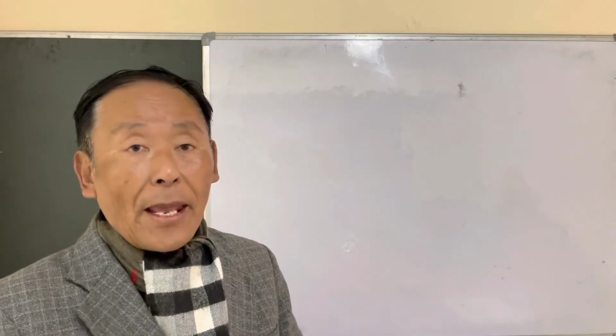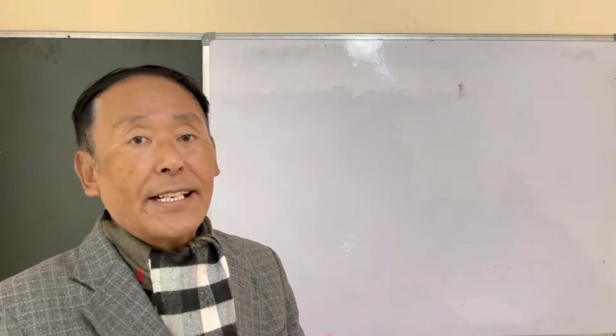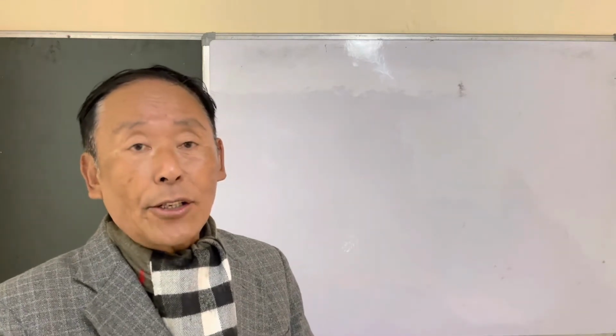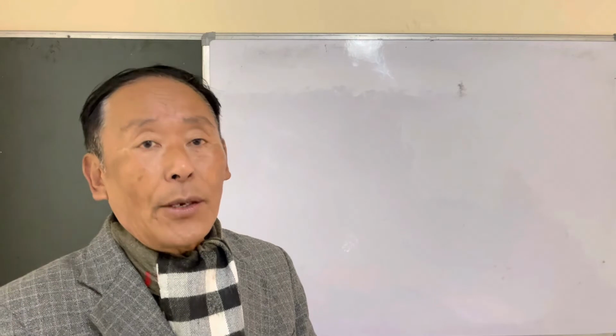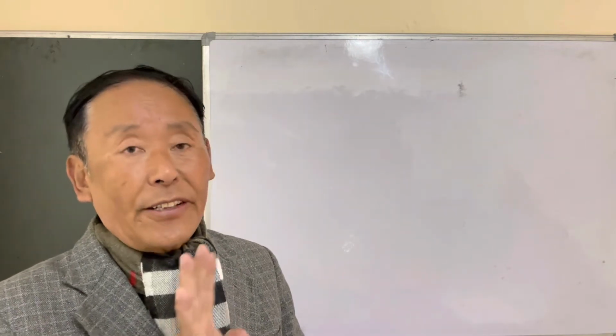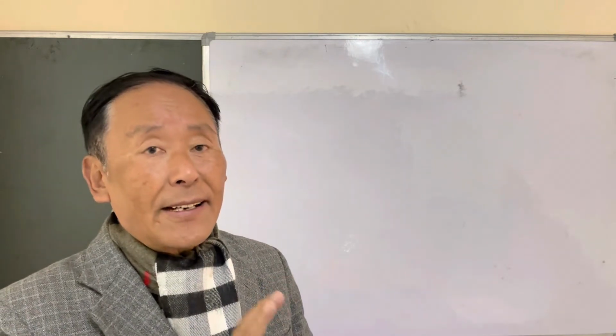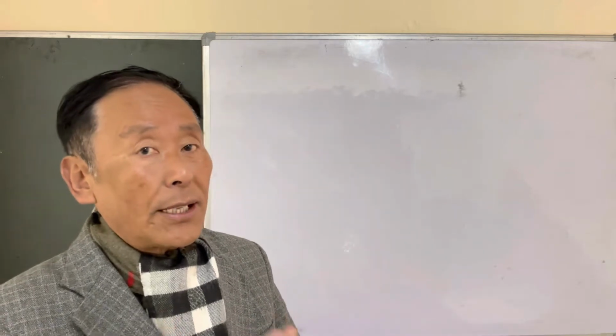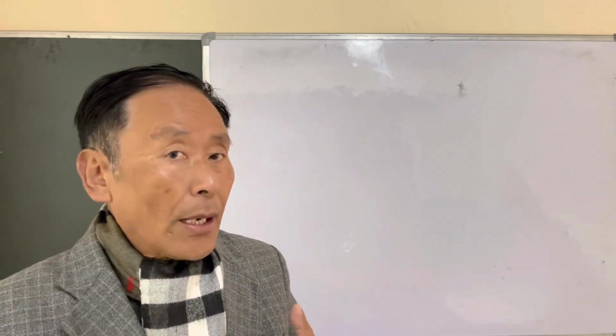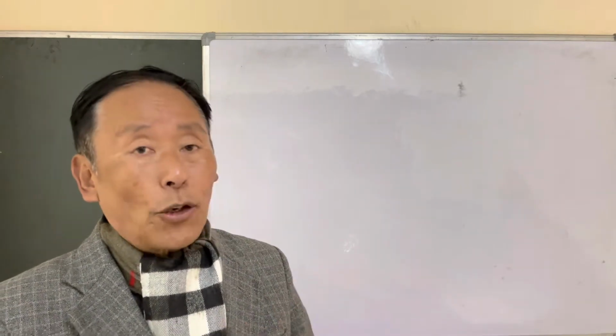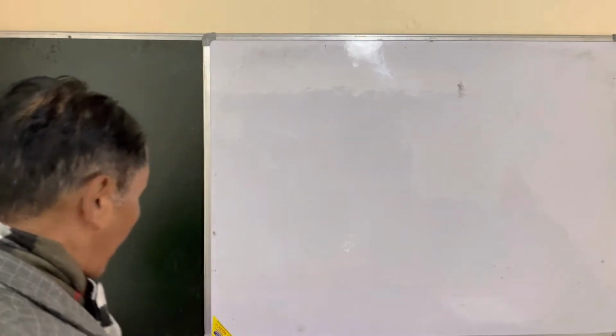So we finished the 30 consonants and we also finished the 4 vowels. Now today we will learn a subjoint. So, what is a subjoint?